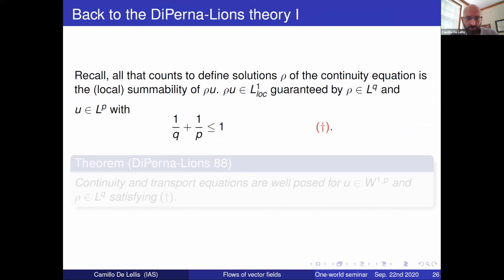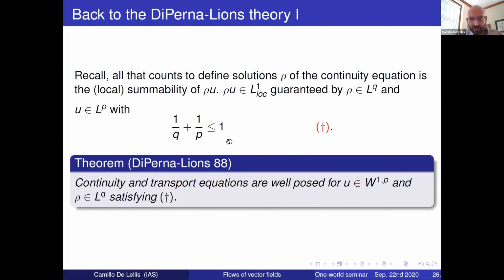I already told you that when you try to apply this DiPerna-Lions theory to continuity and transport equations, you get a theorem which is suboptimal, meaning that you have well-posedness for all vector fields and for all solutions of the continuity equation satisfying this duality in the exponents: L^q for rho and L^p for u, and W^{1,p} for u.